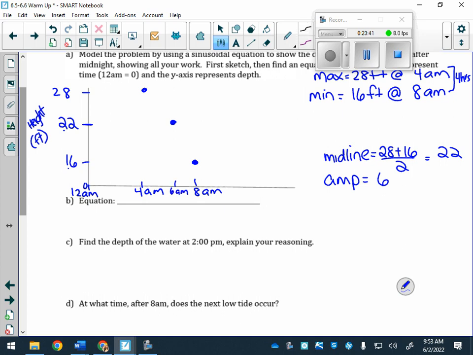Worked backwards. Okay. Anybody else do something different? Anybody else do something different to figure out the period? Yeah, Catherine.